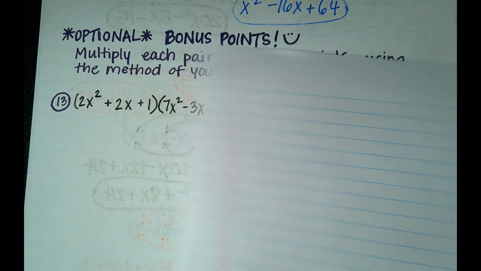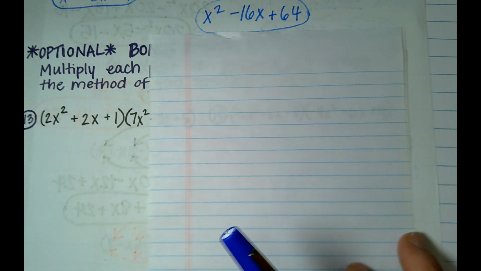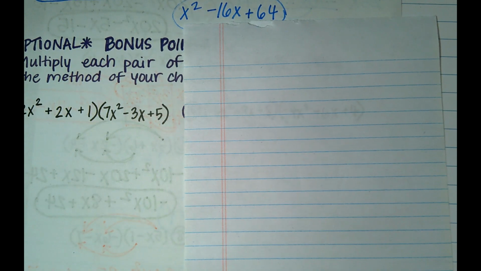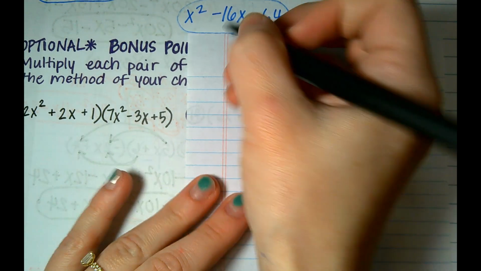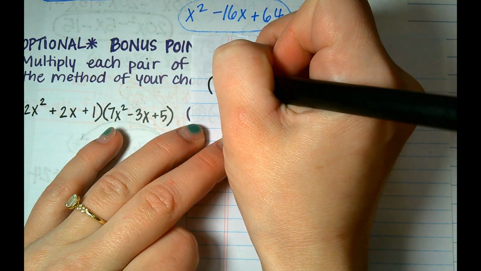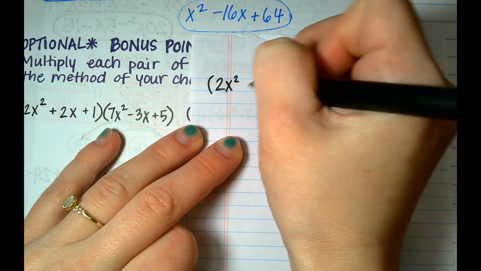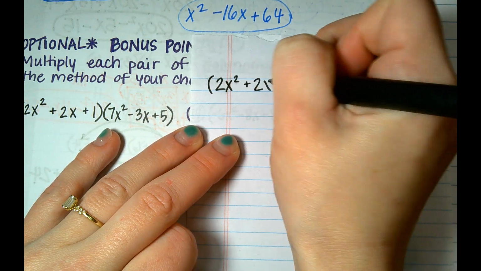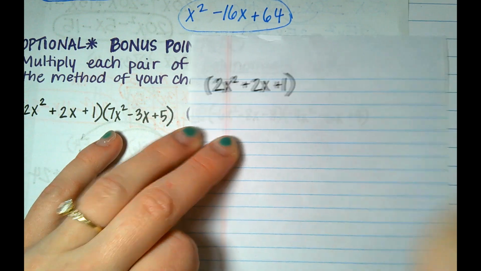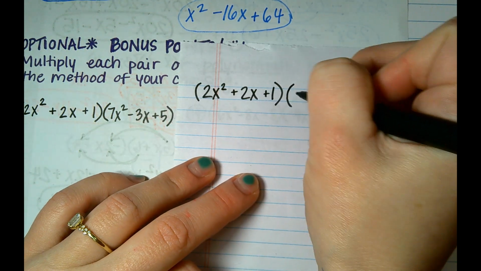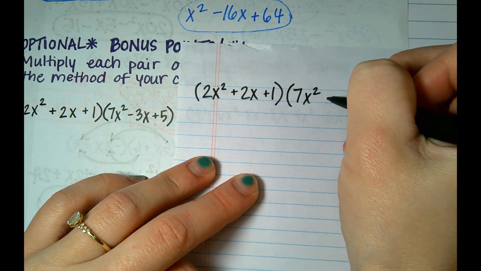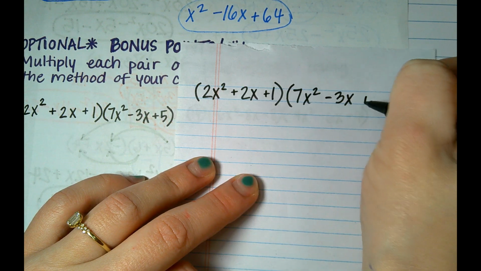So these are optional. You don't have to do them. But the first bonus question, I'm just going to write down the problem. I've got 2x squared plus 2x plus 1 times 7x squared minus 3x plus 5.